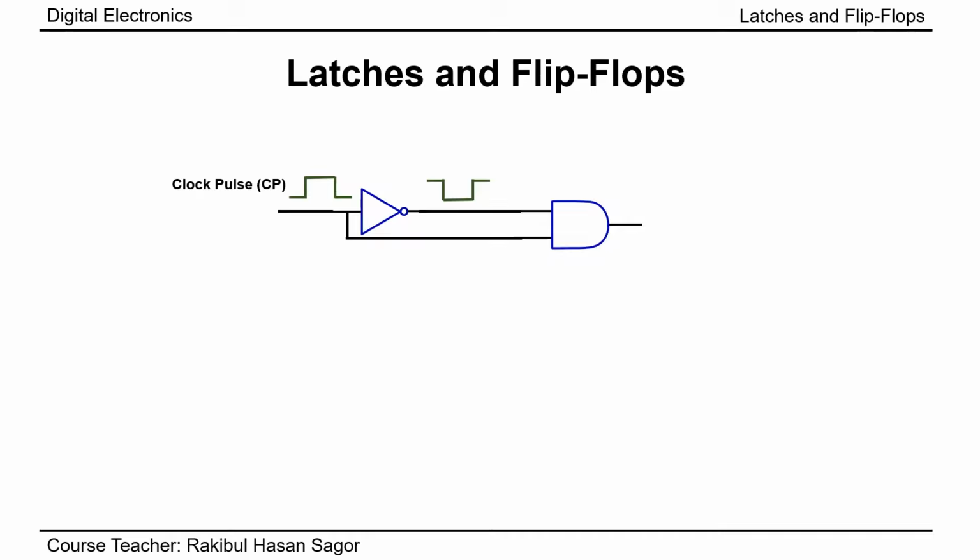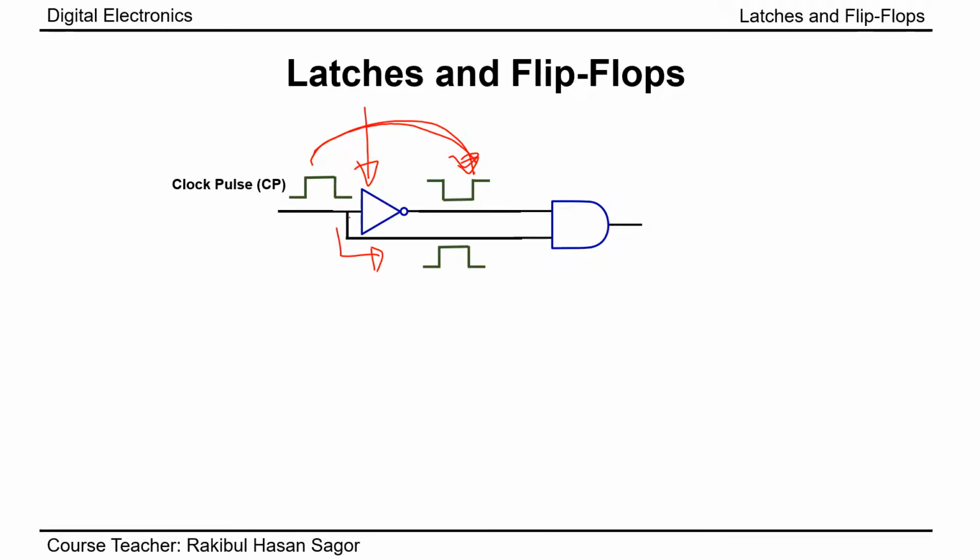However, even though it's a very small amount of time, there will be some time delay going from here to here because of this logic gate. And on this side, the signal is connected directly to the other input of the AND gate.